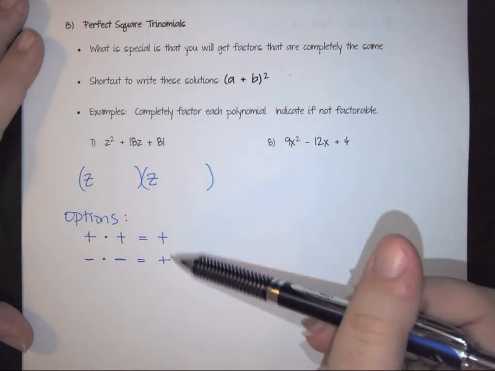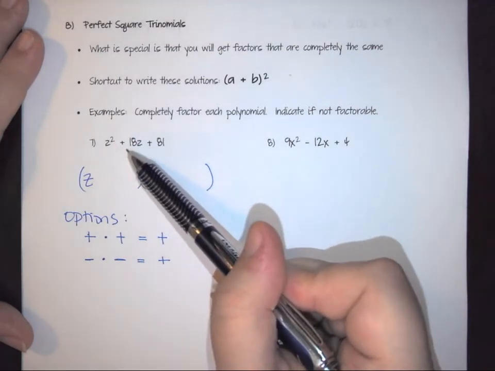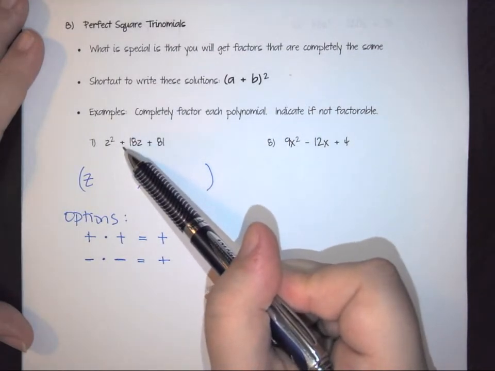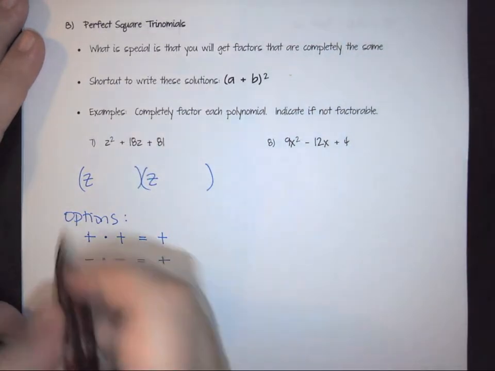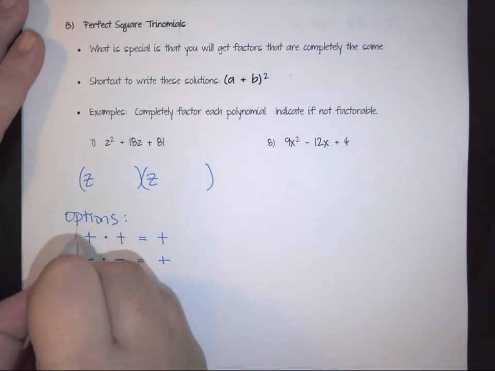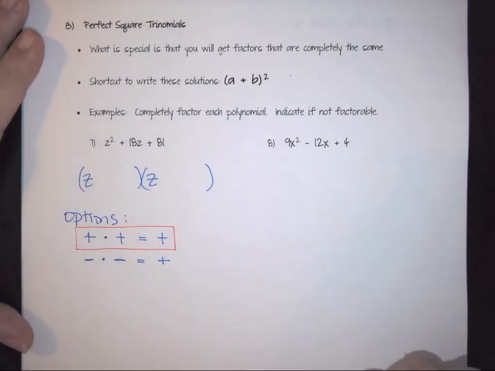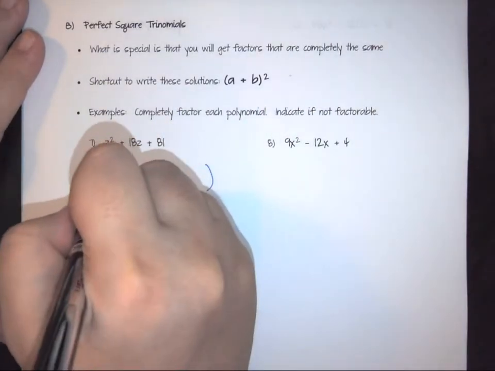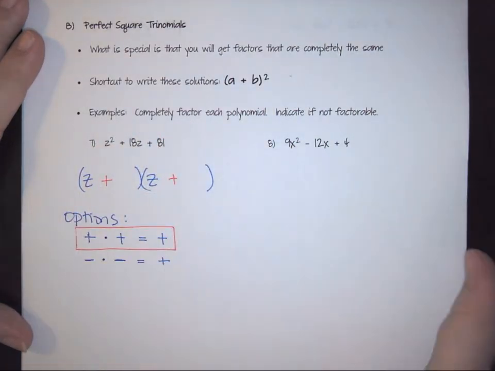In order to figure out which option you have to use means you need to look at your first sign. Since this sign is positive, that means that the option here that we are going to use is the positive positive option. Therefore, positive positive goes into your equations.